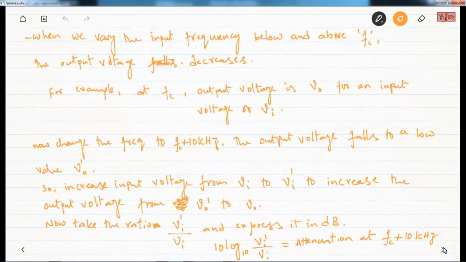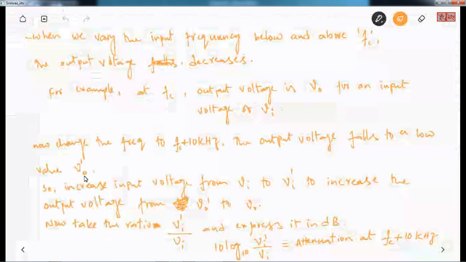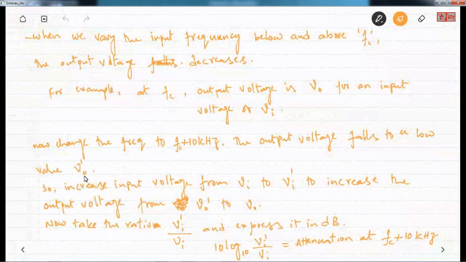Now the y-axis point is 10 log 10 Vi prime by Vi. Right? So this is how you generate a sensitivity, a selectivity curve if you are asked to do so in a laboratory. Right?